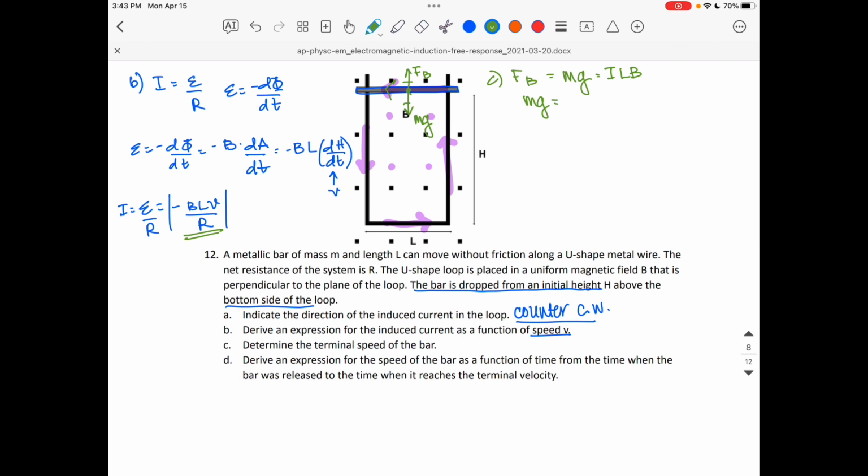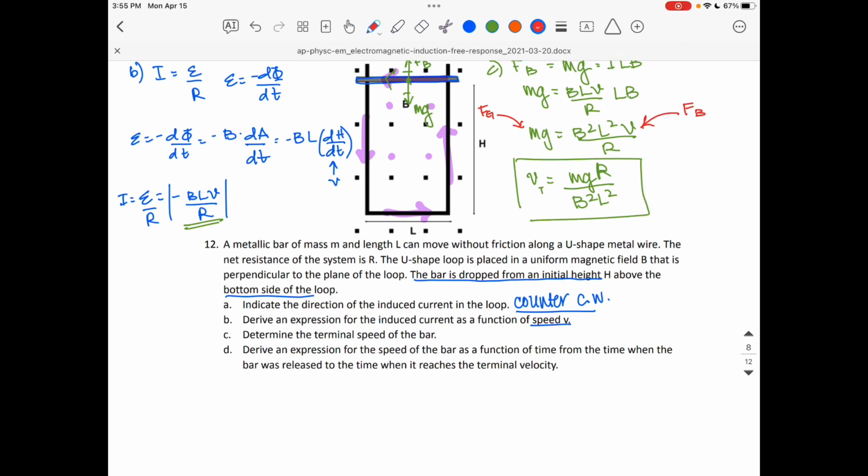My current is BLv over R times LB. That gives me mg is equal to B squared L squared v over resistance R. And if I'm solving for velocity, velocity is equal to mgR. Sorry, that should be resistance R over B squared L squared.